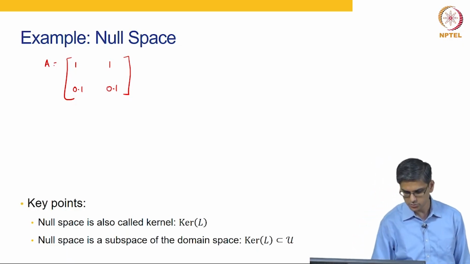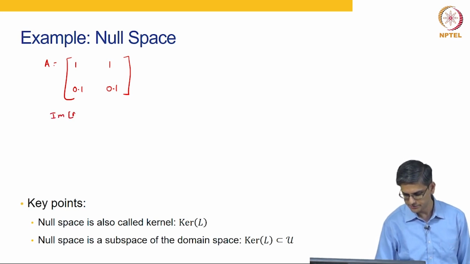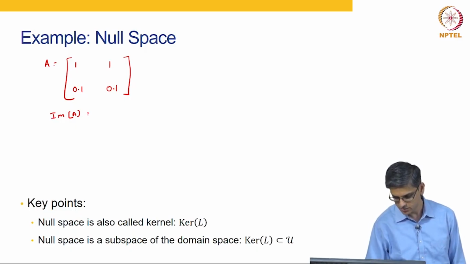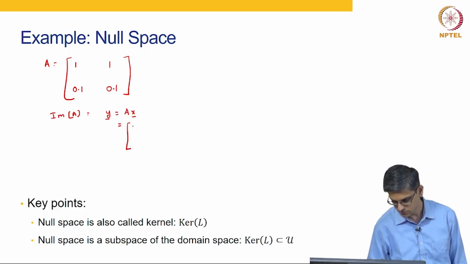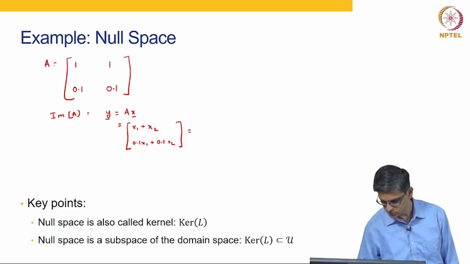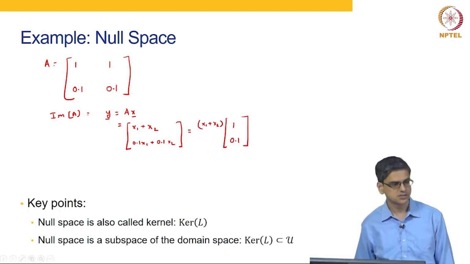In this case, what is going to be the image of A? The image of A is going to be x1 plus x2 and 0.1 x1 plus 0.1 x2, which is equal to x1 plus x2 multiplied by (1, 0.1).